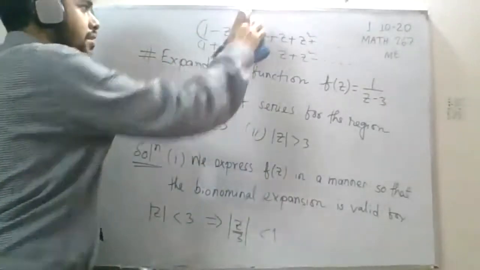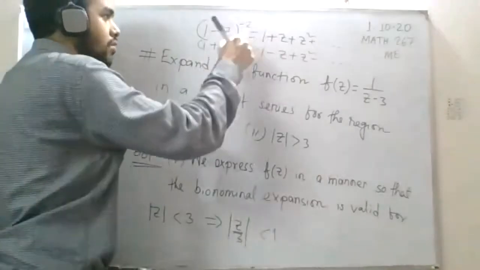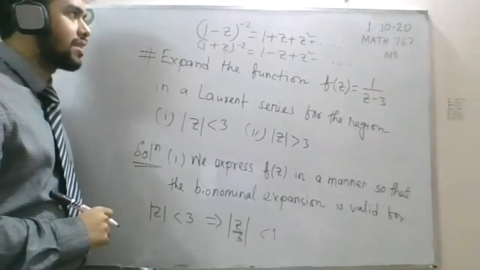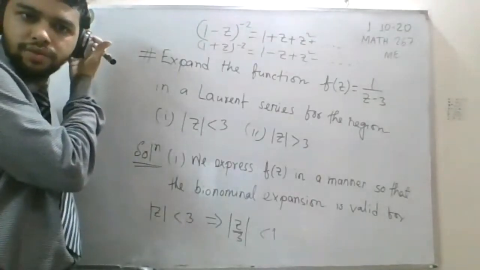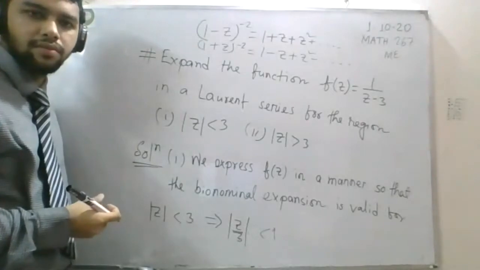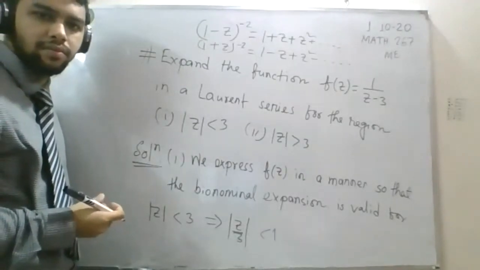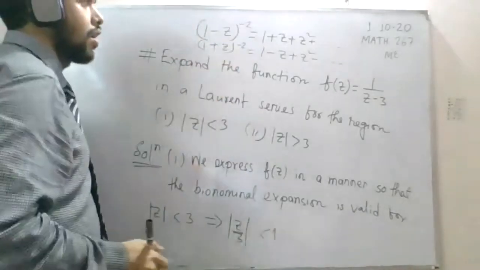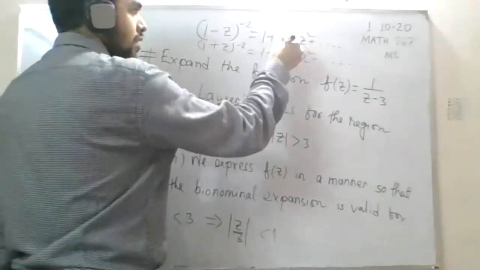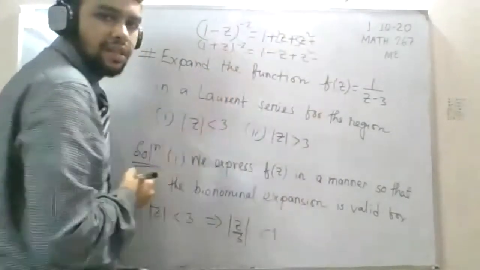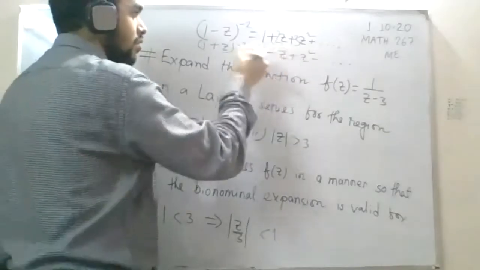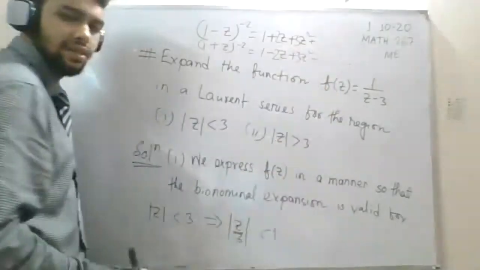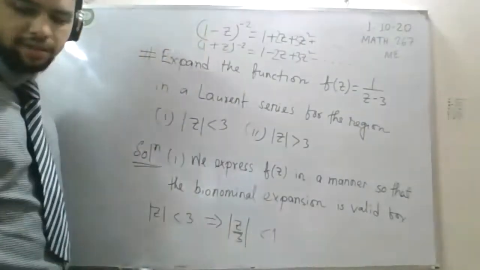If I say 2, then what? (1 minus z) to the power minus 2. Tell me. This is 1 plus 2z plus 3z square plus 4z cube. Okay, it increases like this. And for (1 plus z) inverse 2, you get 1 minus 2z plus 3z square. So this is the formula for these two terms.